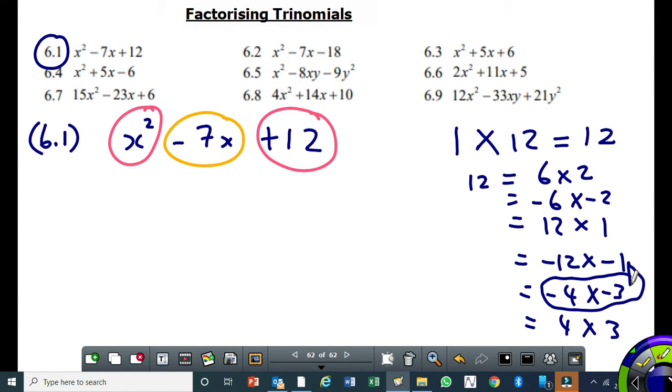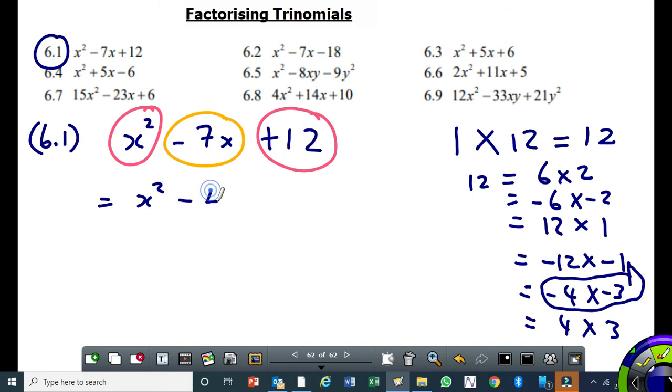Then what you do now is you rewrite this minus 7x using minus 4 and minus 3. So my next step will be x squared minus, if I start with, say, minus 4x, then I have to write minus 3x. You can start with minus 4 or minus 3, but you have to be very careful because of what I'm going to show you now.